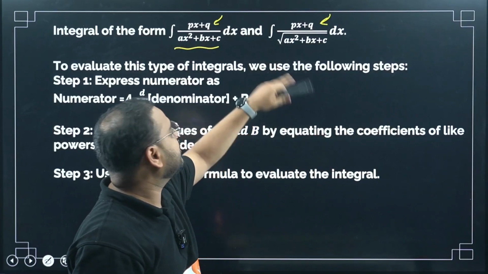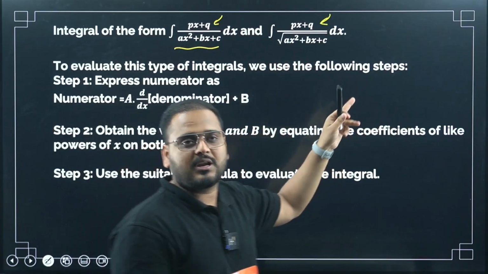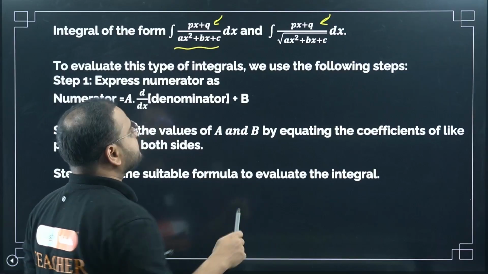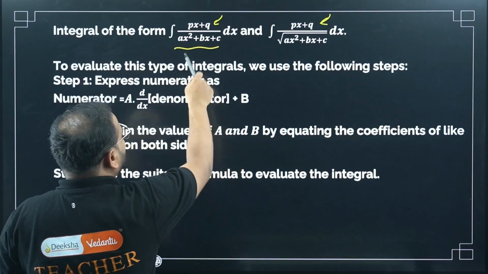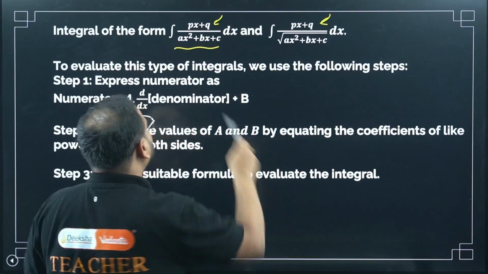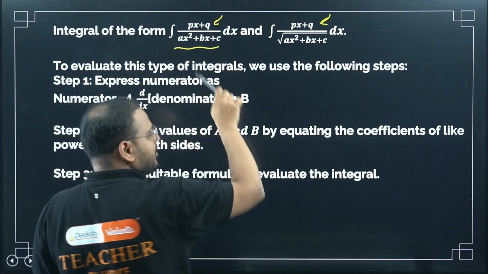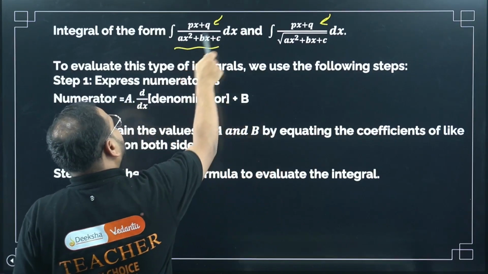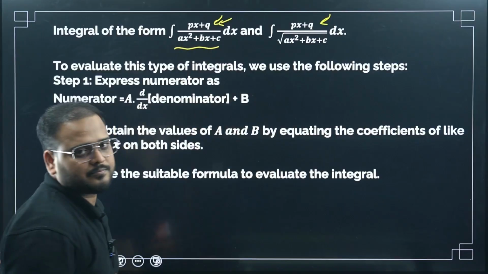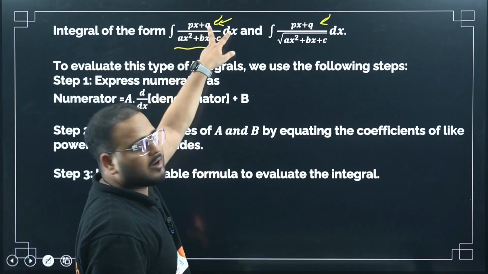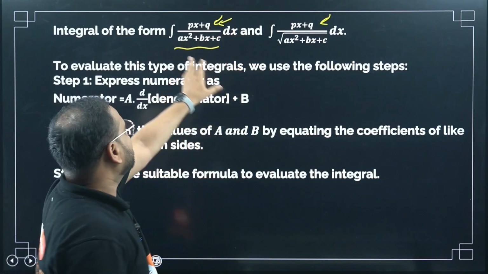This is a question where we use substitution. Sometimes when you differentiate the denominator, you simply get the numerator. Then this whole thing becomes a dt, or whatever variable you've taken, and you can substitute and solve the question.